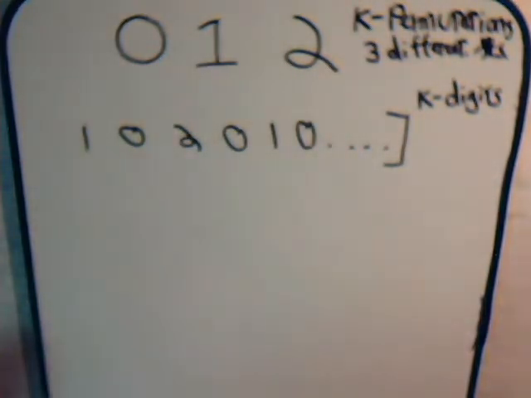Same thing for the numeral 2. So, as we did before, writing out the generating function.